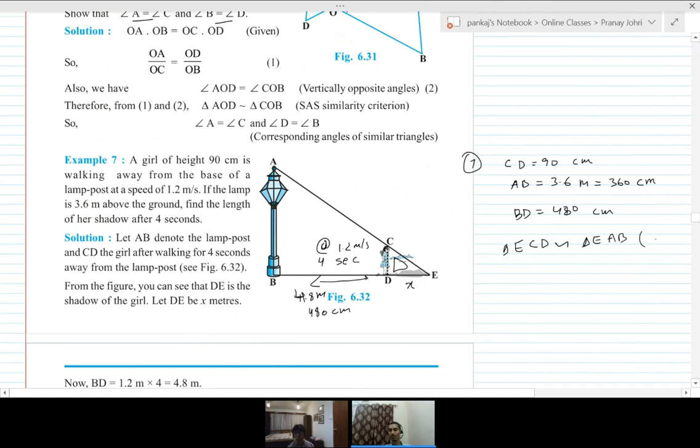Can we prove? Is CD parallel to AB? How do you know that?